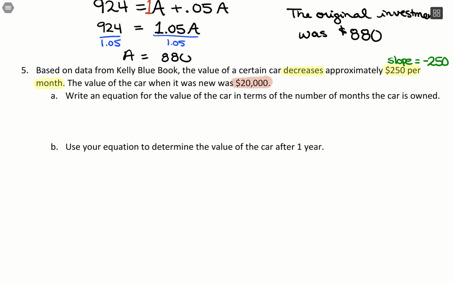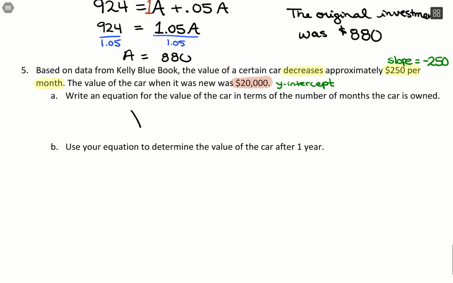Then the other piece is this base value of $20,000. So that's like our starting value, and that's always going to be our y-intercept. So we're going to have this y-intercept of $20,000, so that when we plug in like 0 months, we'll have this value of 20,000. And then as months pass, we're taking 250 away from it each month.